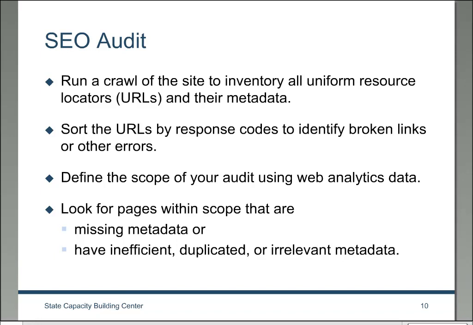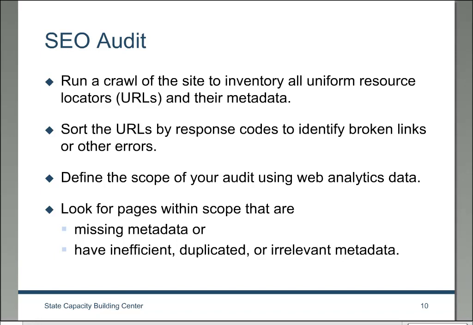You then want to define the scope of your audit using your web analytics data if you have that available. What I mean by that is it doesn't make sense necessarily to go in and fix the SEO on every single page of your website, especially if you have a large website with hundreds of pages.